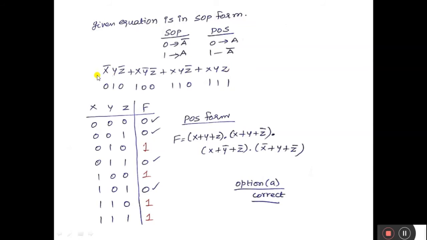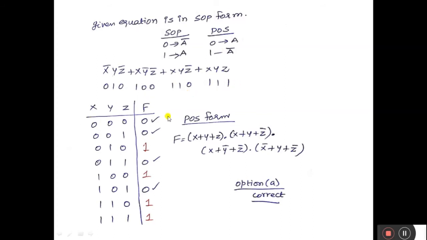I can write this equation in binary form. Since the question asks for POS form, you can directly write the SOP form first. So x bar is 0, y becomes 1, z bar becomes 0. Similarly x 1, y bar 0, z bar 0, plus 1, 1, 0, plus 1, 1, 1.